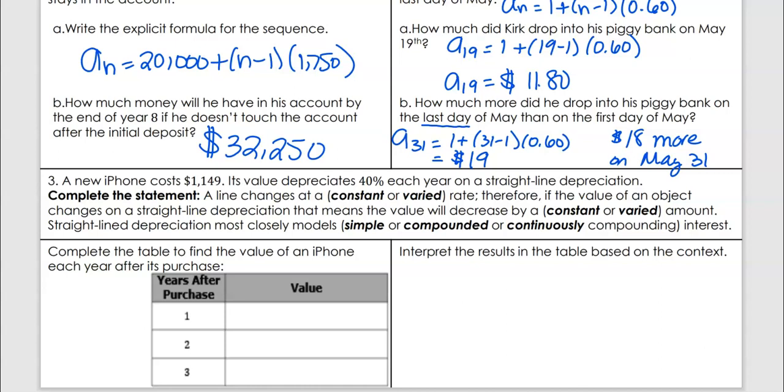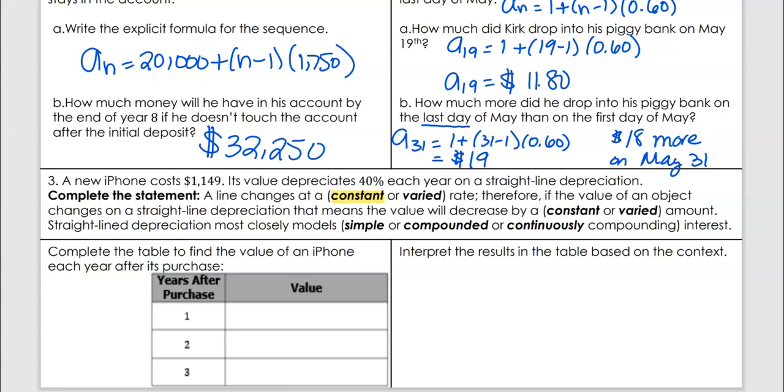Okay, let's see if you're paying attention. Let's do some vocab. You ready? Here we go. A new iPhone cost $1,149. Its value depreciates 40% each year on a straight line depreciation. So let's complete the statement. A line changes at a constant or varied rate?